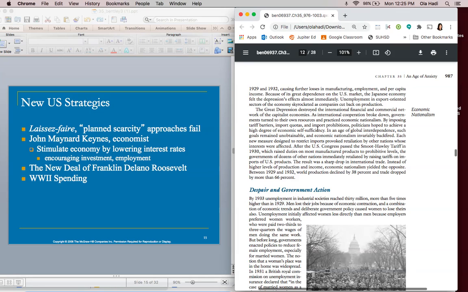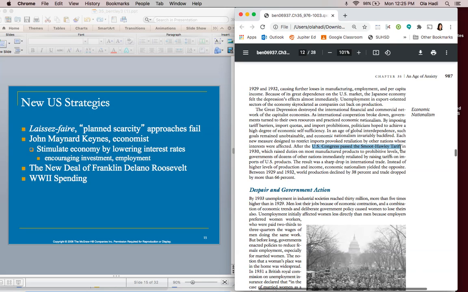Economic nationalism is when you basically try to protect your own companies at home, your nation's companies, your nation's economy, by imposing tariffs and quotas to try to limit the amount of purchases people are making on foreign goods. So what ends up happening is some countries will pass tariffs, basically taxes on trade goods, and other countries will retaliate.